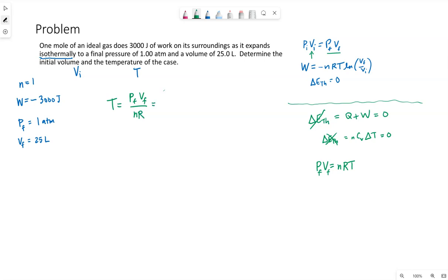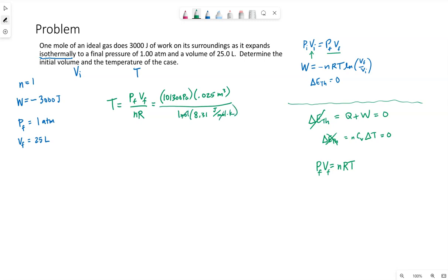We do want SI units, so instead of atm, I'm going to put in 101,300 pascals. Instead of liters, I'm going to put in meters cubed. There are 1,000 liters in a cubic meter. We have 1 mole, and R in terms of SI units.